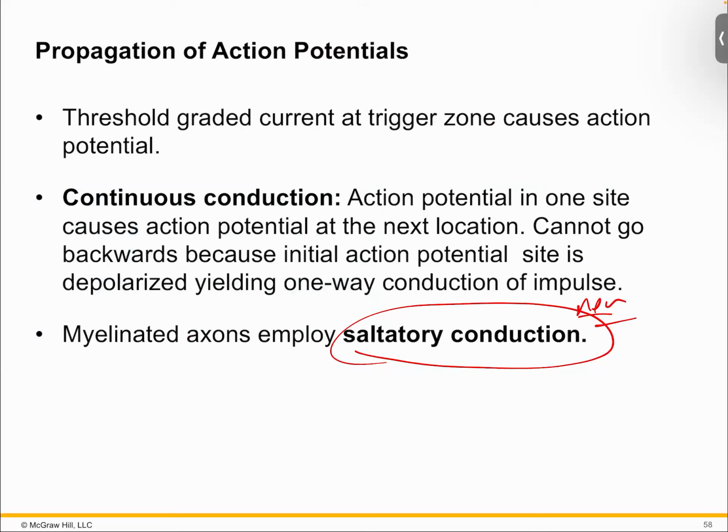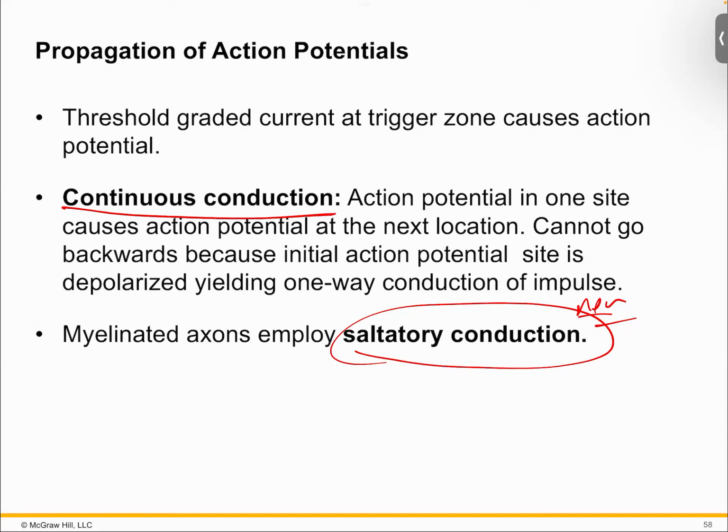Well, it's easy. Remember when we did channelology and I drew out the membrane getting started with the ligand gated channel, and then from there it's just like dominoes tripping one after another, the voltage gates, and one segment of the membrane trips the next, or trips the next. That's called continuous conduction. Basically, the action potential, the depolarization event of one segment of membrane, will depolarize the next segment. And it just rolls from one piece of membrane to another, to another.